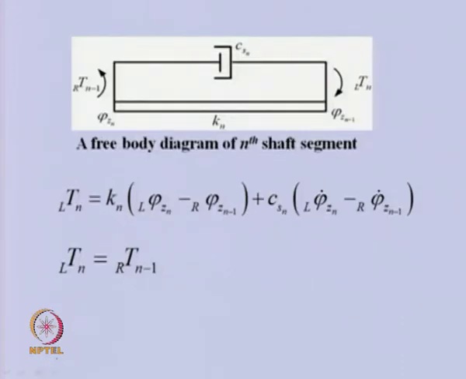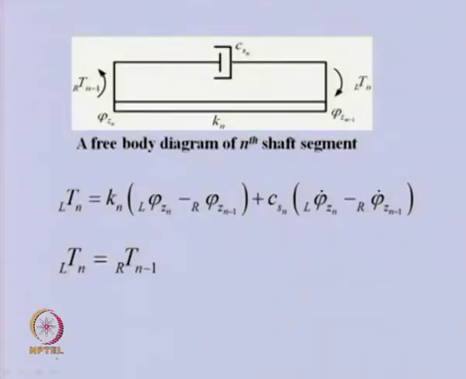Now, coming to the shaft element. We developed a point matrix of a disk in which we considered the damping also. Now, we will come to the development of the shaft element, the field matrix. In that also we will be considering the damping.